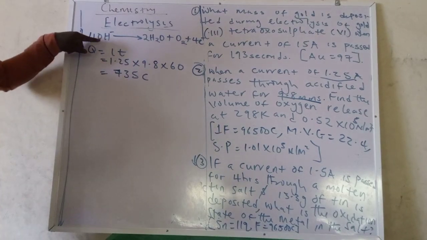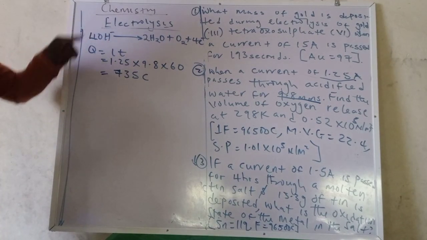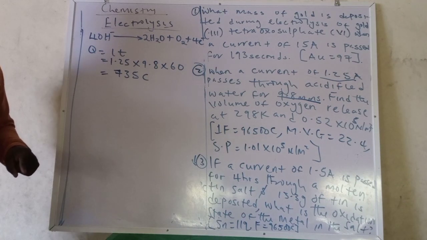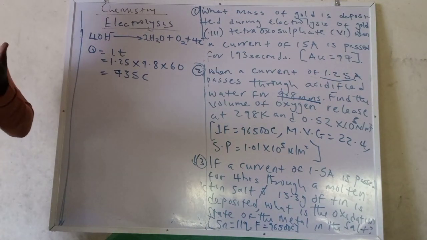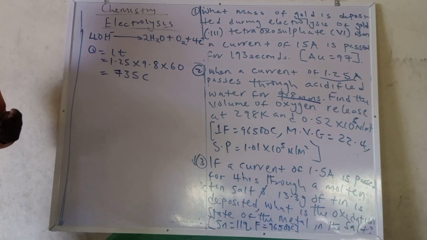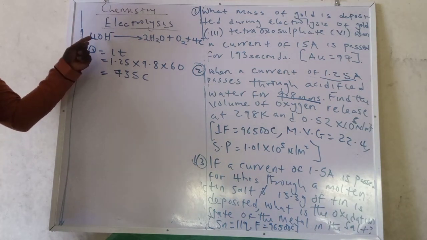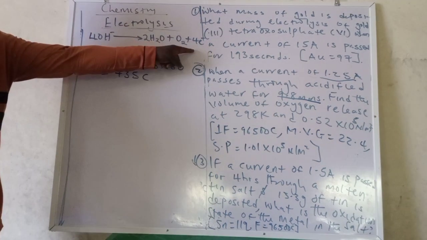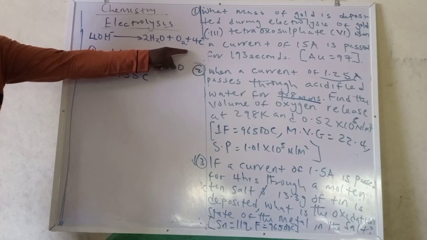But because we are solving the question in volume, 1 Faraday is 96,500 coulombs. Now 4 moles release 4 Faradays here.